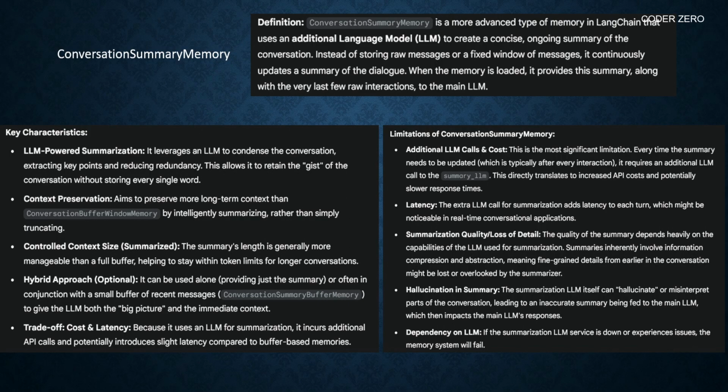That will also add to the latency, so we'll have high latency using these extra LLM calls. Here the summarization quality is dependent on the LLM. So the LLM might give a poor quality summary, hence we might lose some information. Also the LLM might hallucinate in the summary. These are some limitations of this kind of memory.